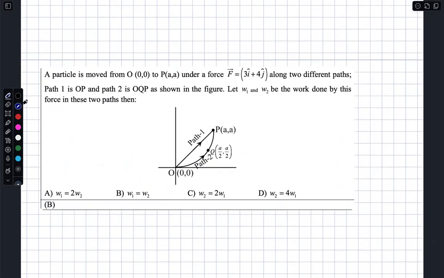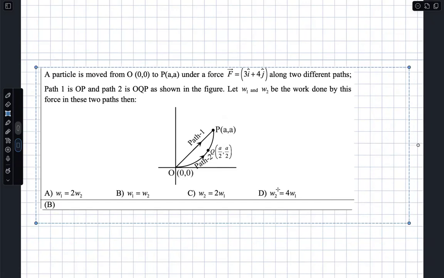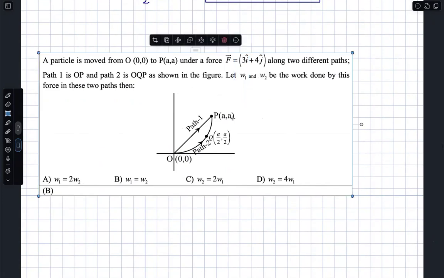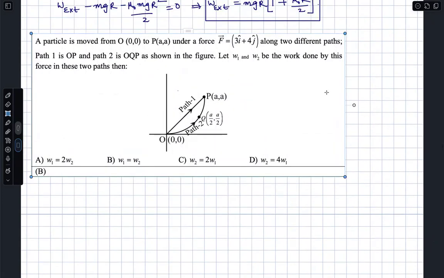Now see here, you have one more question. Remember, in one word, I can answer this question. Even you can also do the same. In this question, if you notice, the particle is moved from one point to another point along two different paths.